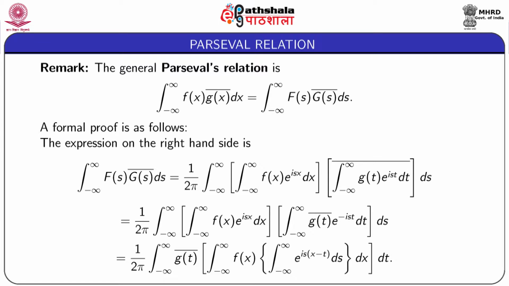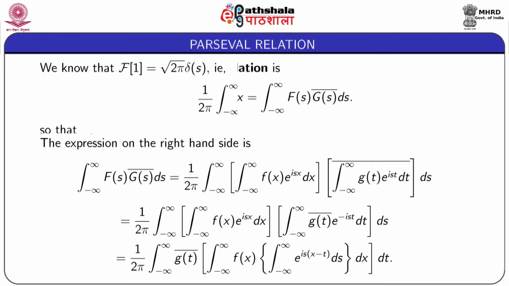We get the last step from the previous step by interchanging the order of integration. So, the outermost integral is the t integral, the inner integral is the x integral, and the innermost integral is the s integral. Now, we consider the innermost integral, that is the s integral.